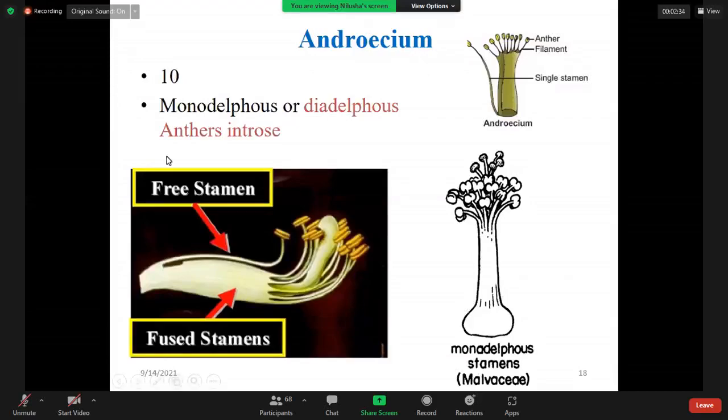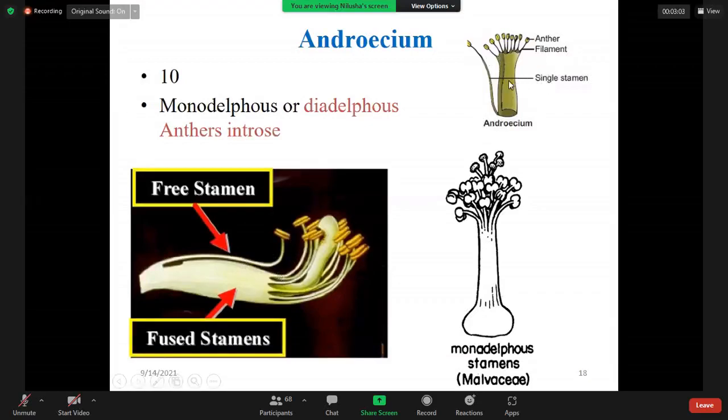In the Fabaceae family, we mostly observe the didelphous structure. I think you can all understand it in this picture. There is one free stamen and the other 9 stamens are fused. The total number of stamens is 10.